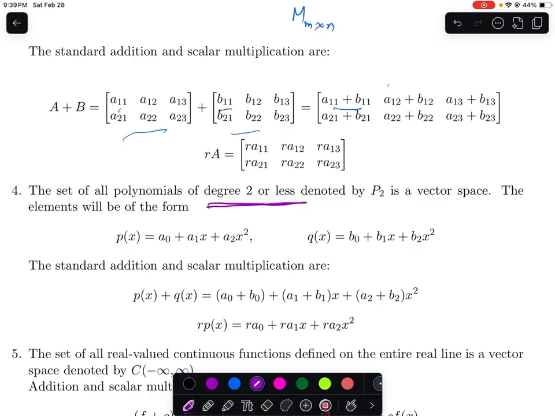It satisfies all those 10 axioms. The elements will be of the form p of x is equal to a sub 0 plus a sub 1 x plus a sub 2 x squared. Another element, for example, q of x will be b sub 0 plus b sub 1 x plus b sub 2 x squared.